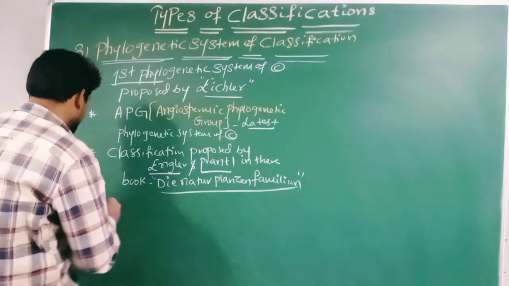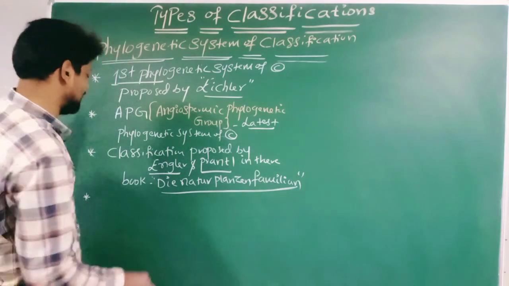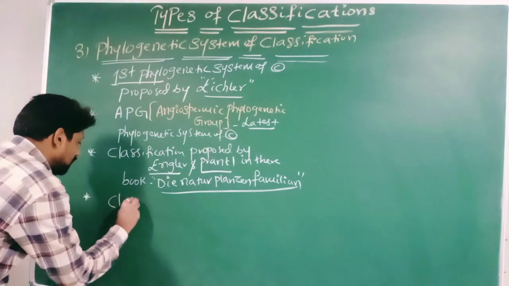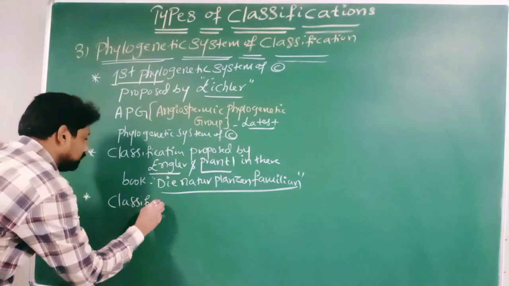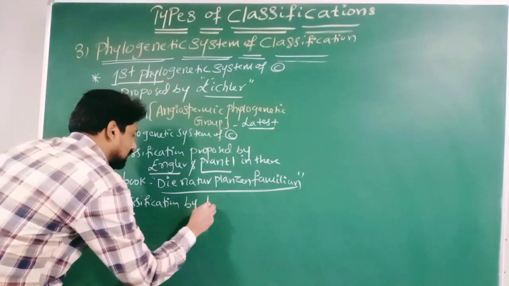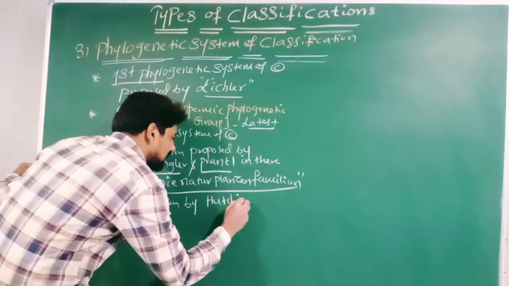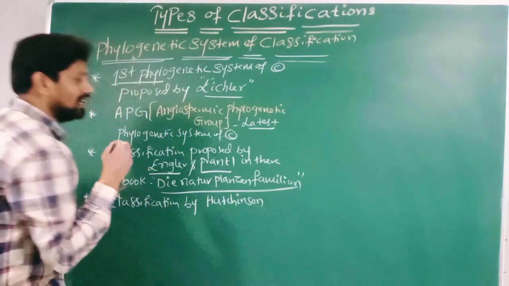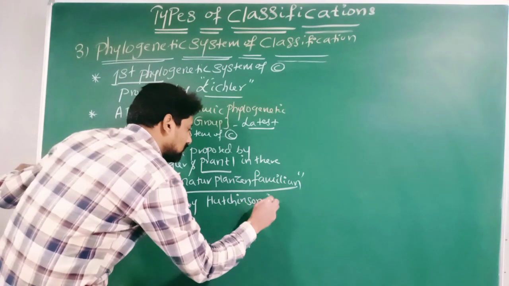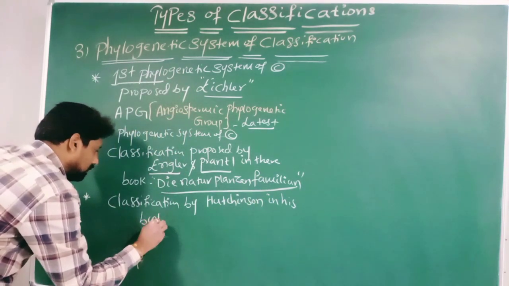Right. Now go for the next example for phylogenetic system of classification. Classification by Hutchinson. In his book, what is that book name, sir?